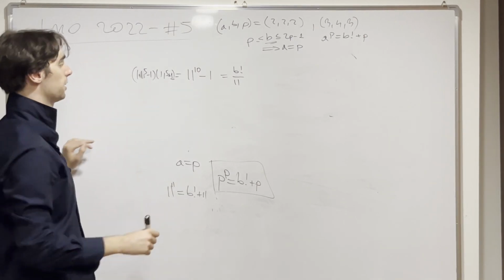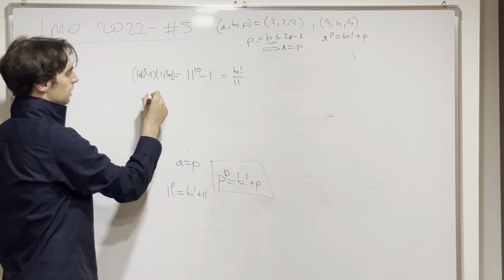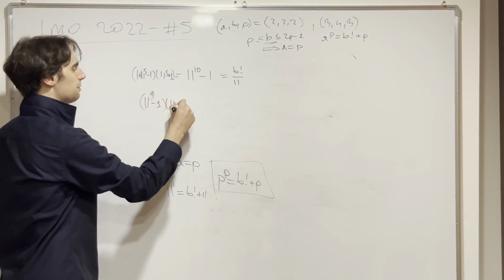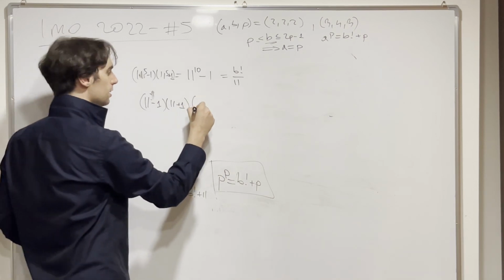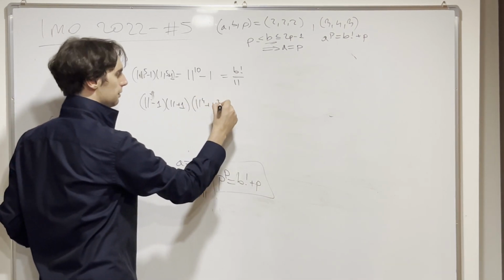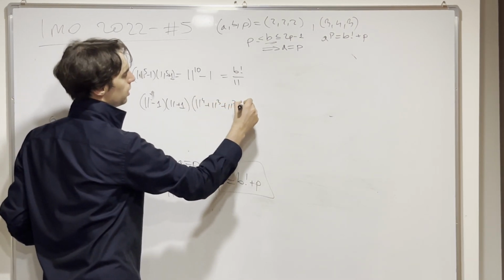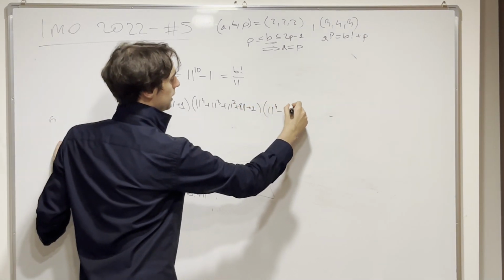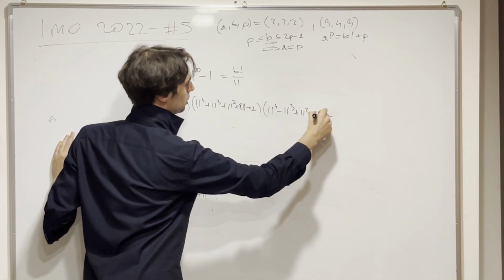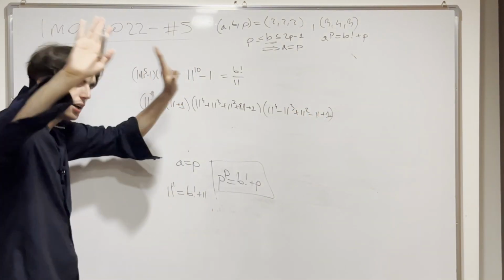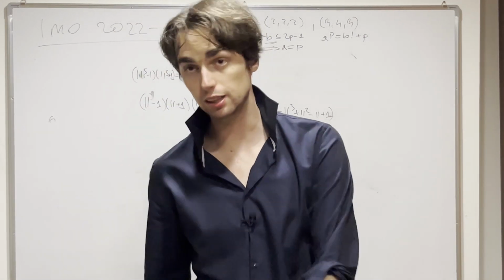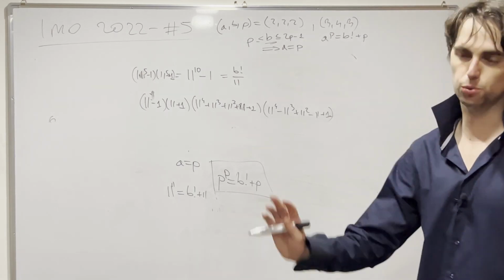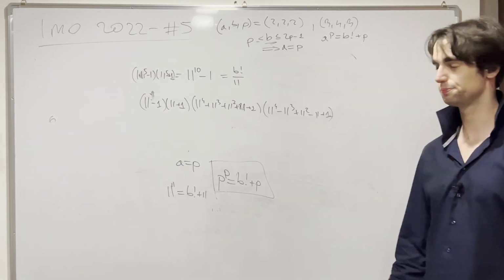I can further factor this into 11 minus 1 times 11 to the 4th plus 11 cubed plus 11 squared plus 11 plus 1, times the other factor. Now I could try to prove that one of these two things has a prime factor that's greater than or equal to 23.